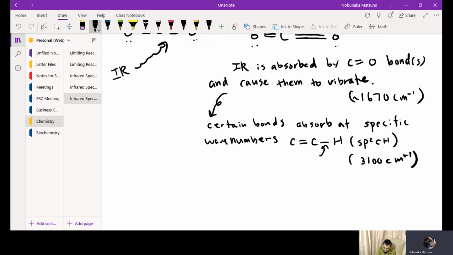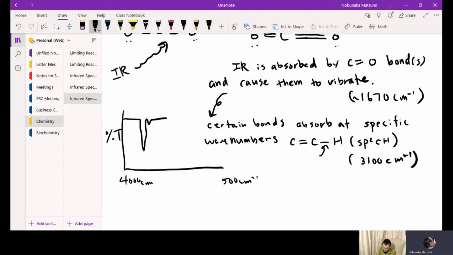So what does it mean? You have your spectrum, and I'm just going to draw 4000 right here, and then 500 wave numbers. Here is transmittance, percent T, which means light comes in, and let's say it's absorbed like this, and like this, and like this.